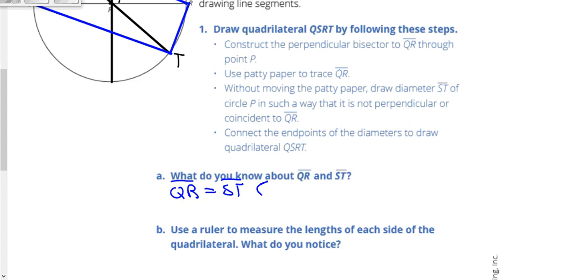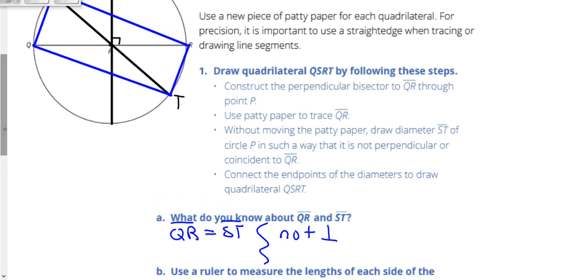And we know, because we drew in the perpendicular, that they are not perpendicular to each other. So we know that they're equal to each other. We know that they are not perpendicular. They are, again, the diagonals. So QR and ST are the diagonals of the quadrilateral that we just made.